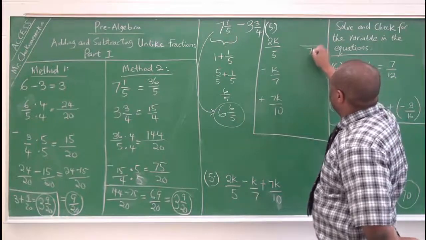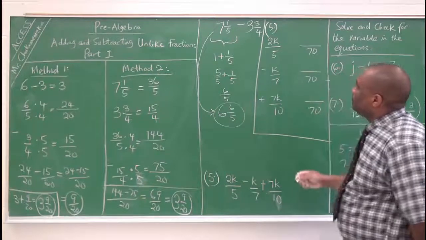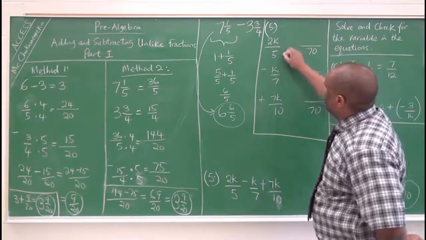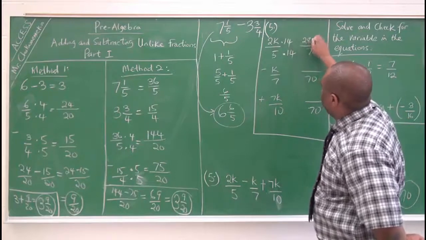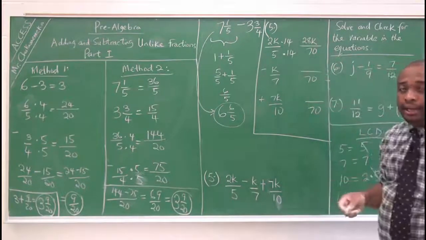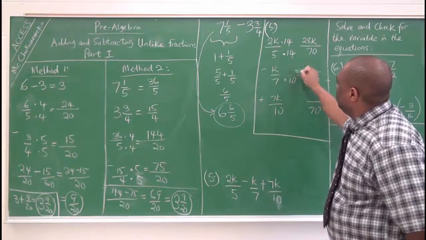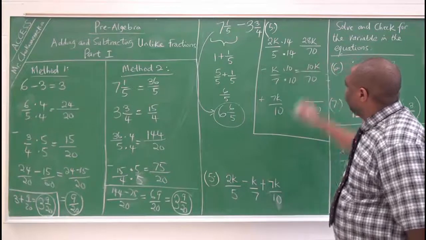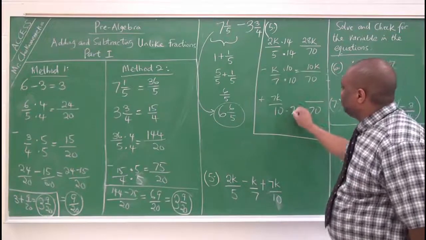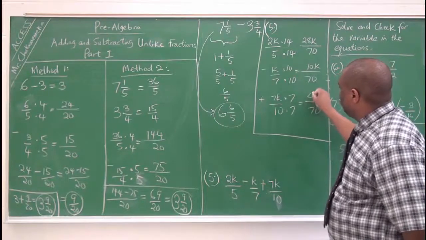So this is over 70, over 70, over 70. 5 times 14 will give you 70. 2k times 14 will give you 28k. 7 times 10 will give you 70. K times 10 will give you 10k. 10 times 7 will give you 70. 7k times 7 will give you 49k.